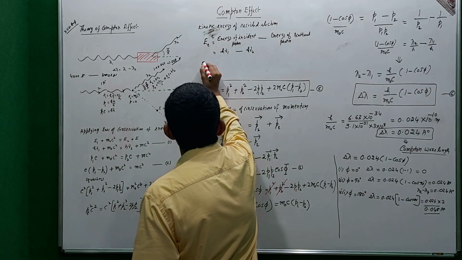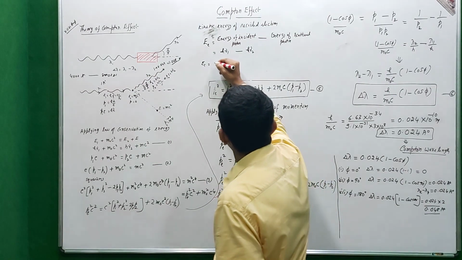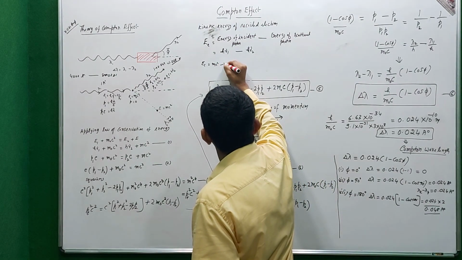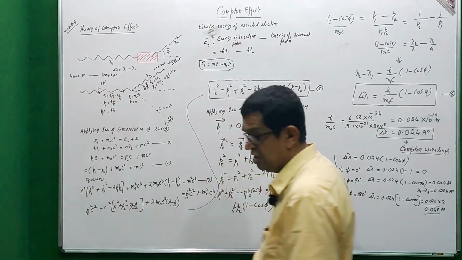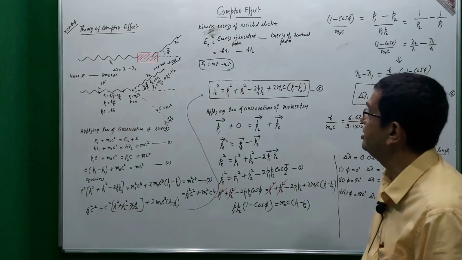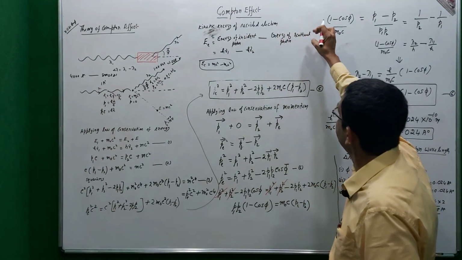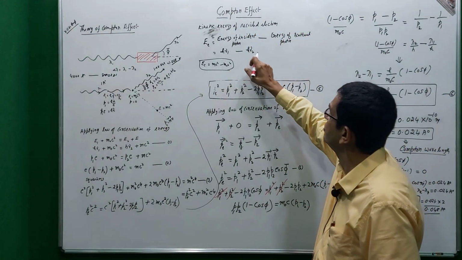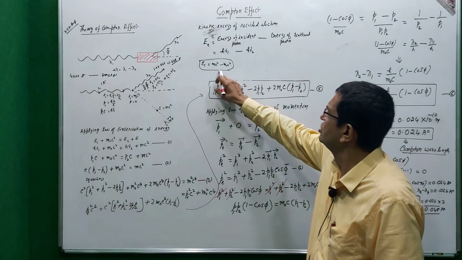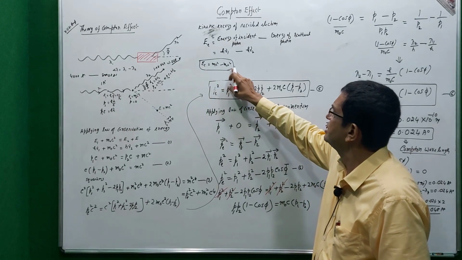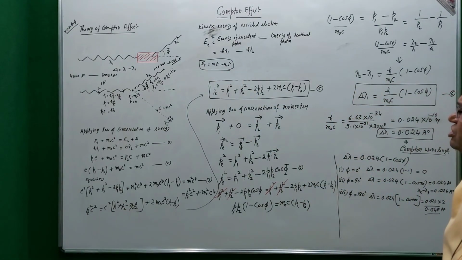In terms of the rest mass, this is mc square minus m naught c square. Therefore, easily one can find the kinetic energy of the recoil electron: it is the difference between the incident photon energy and the scattered photon energy. Simply, mc square is the kinetic energy plus the rest mass energy, which is the energy of the recoil electron.